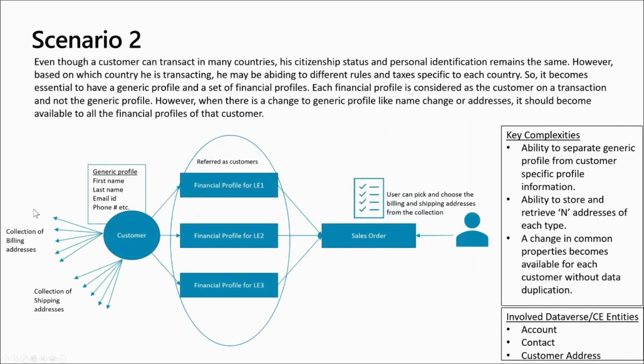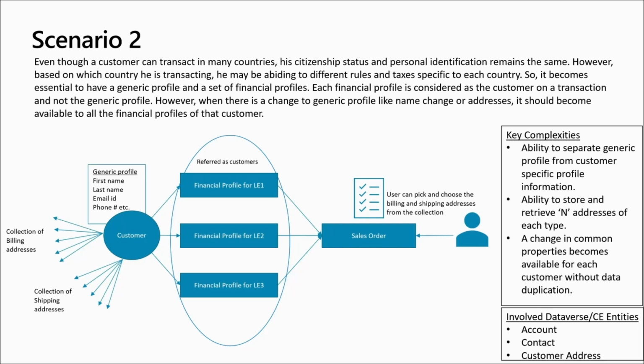The next scenario we are talking about is, for example, you have a big customer. The customer can transact in many different legal entities, many different countries. From a customer perspective, the generic profile is the same. For example, the first name of a person or the organization is the same.